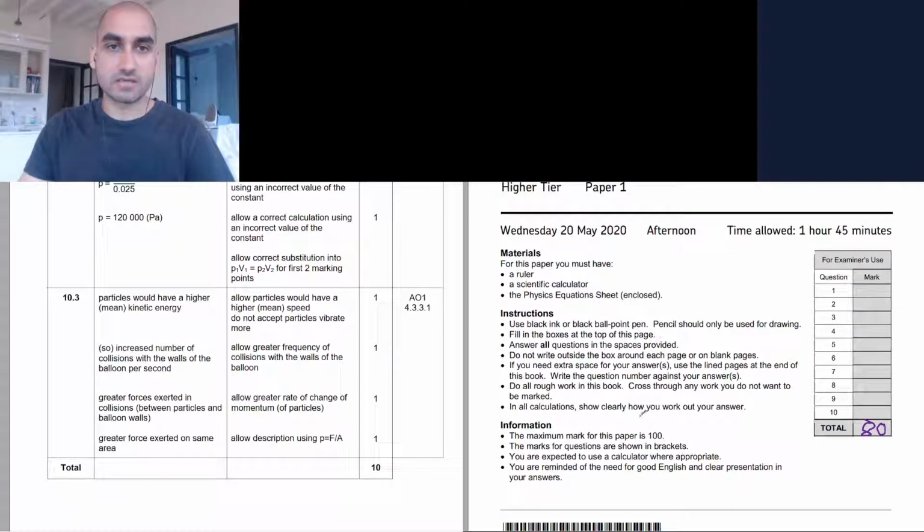Let's look up, so this is May 2020. Let's look up the grade boundaries. GCSE AQA 2020 grade boundaries. Grade boundaries, November 2020. No, not November 2020.